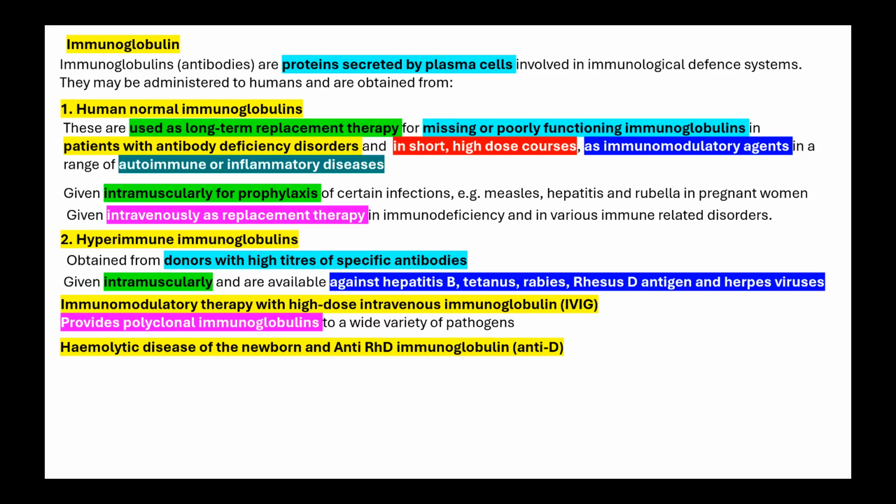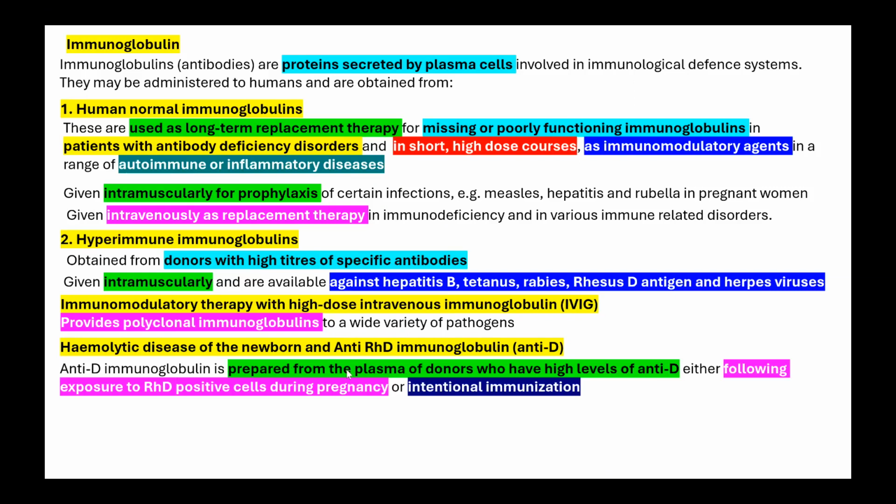So when the second child is also Rh positive, what will happen? The child will have a hemolytic reaction inside the uterus, and it will die because of that, and it will bloat up because of the hemolysis that is taking place, and that swollen baby is called hydrops fetalis. Fantastic.